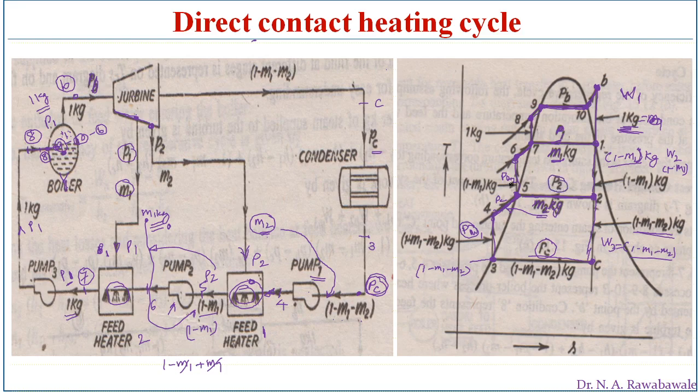Then pump work 2 increases pressure from P2 to P1, and pump work 3 increases pressure from P1 to PB. So there are 3 pump works, whereas there are 3 works done. Now heat is supplied only between points 8, 9, 10 and B. So here is the only heat supplied.